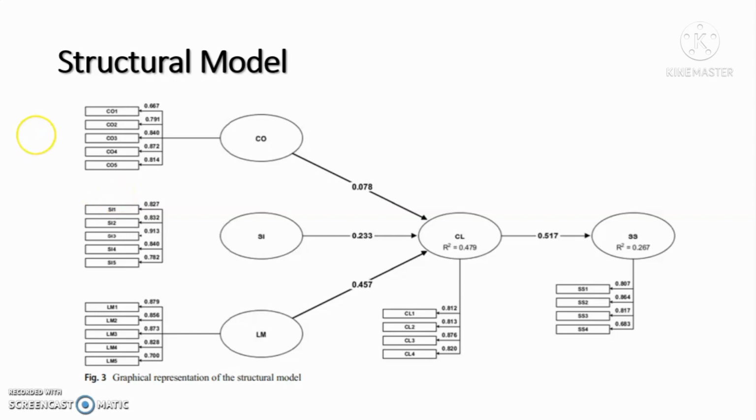Now let's see the structural model. In evaluating the structural model, the significance of the relationship between the constructs is established and their predictive power is measured. As we see, the graphical presentation of the structural model explains the variance of the engineer's constructs as shown in this figure.